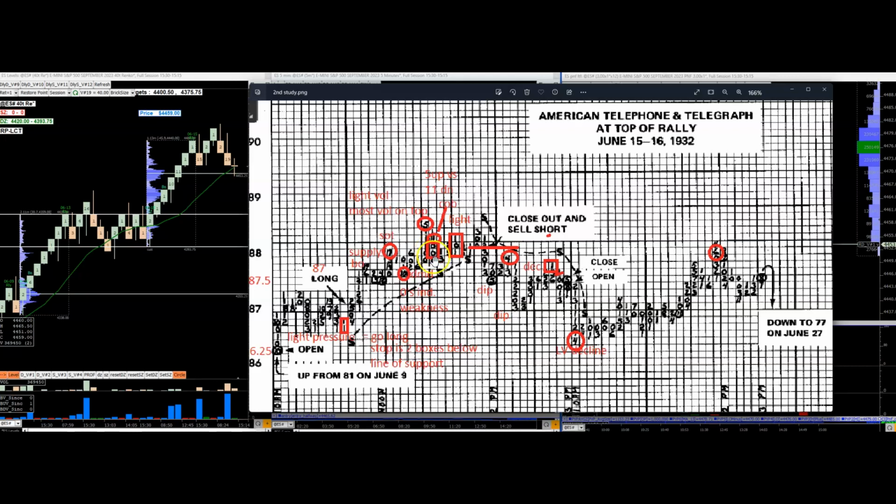The next thing to ask is, if you have a 1100 down, how much are the up rallies? This one here is only 200 shares. 1,100 down, 200 up.